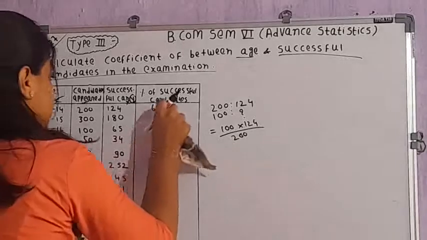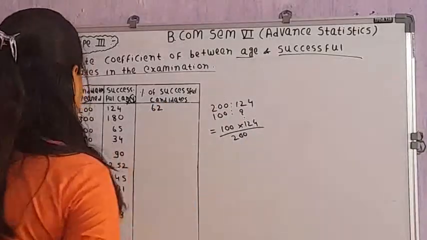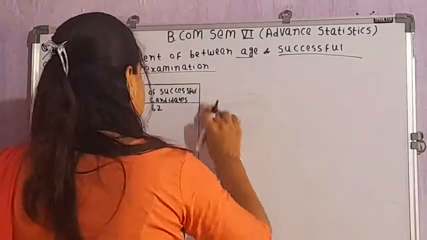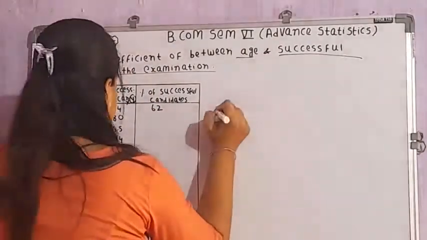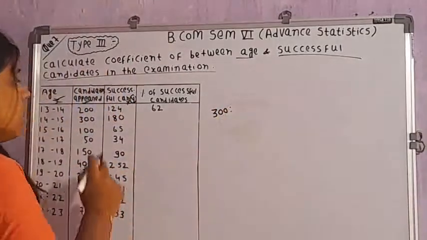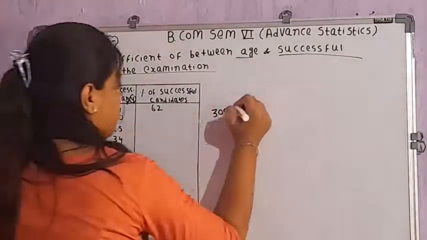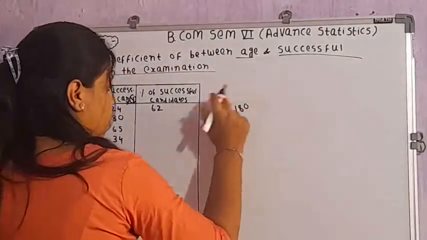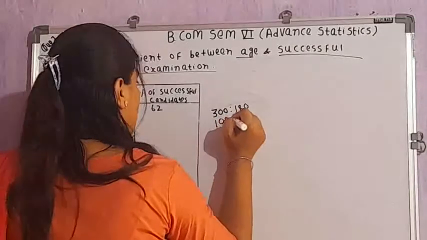Okay, it's 62. Then for the age group of 14 to 15 years, we have 300 candidates. 300 candidates have appeared in the examination, out of which 180 have passed. So 180 out of 300. So how much out of 100?